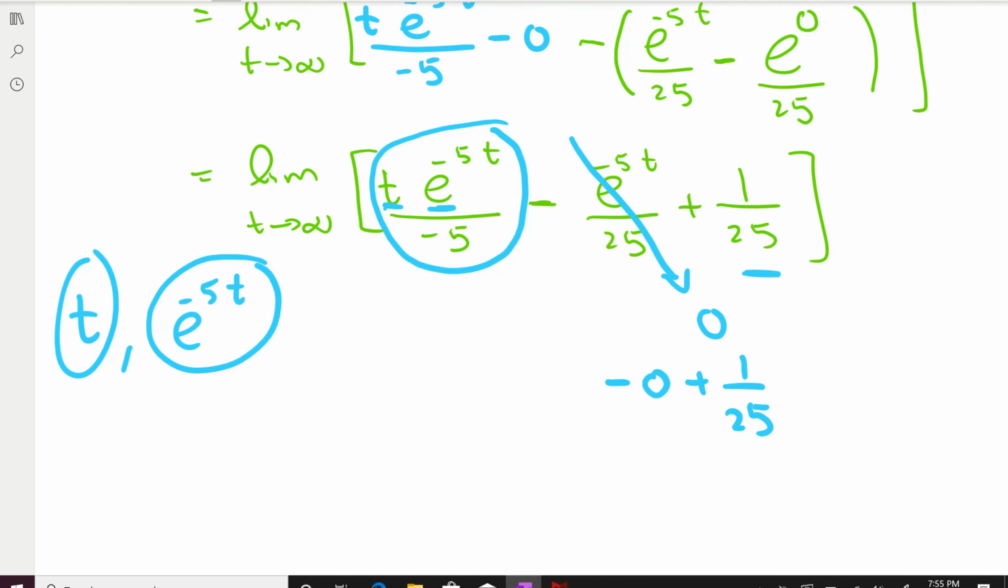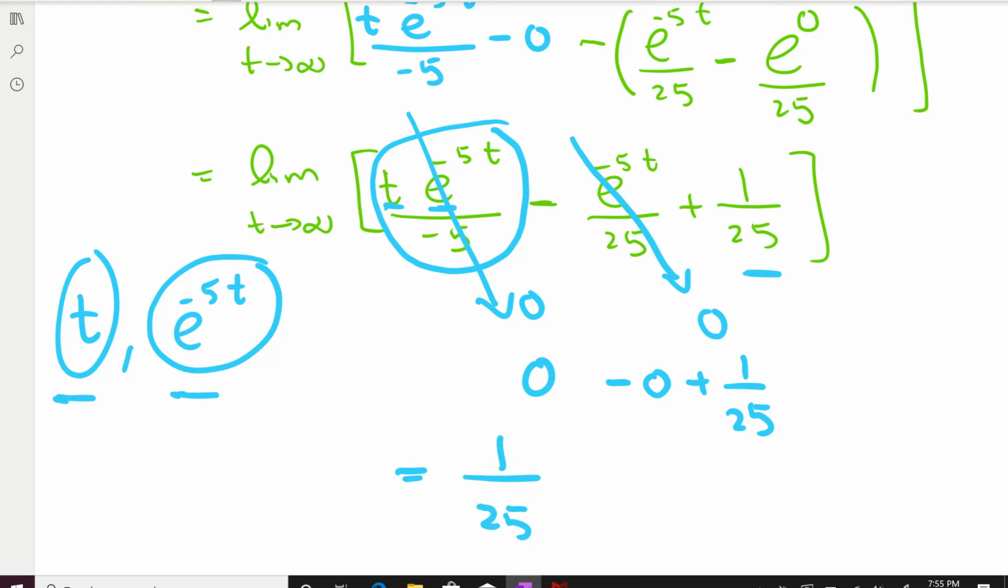It's basically a function that's getting large times a function that's getting small, but the function getting small goes to 0 really fast. So this whole term goes to 0. So the limit is 0 minus 0 is 0, 0 plus 1 over 25 is 1 over 25.